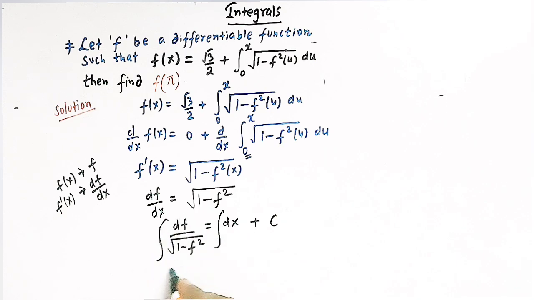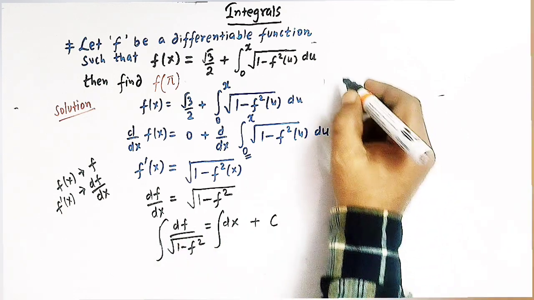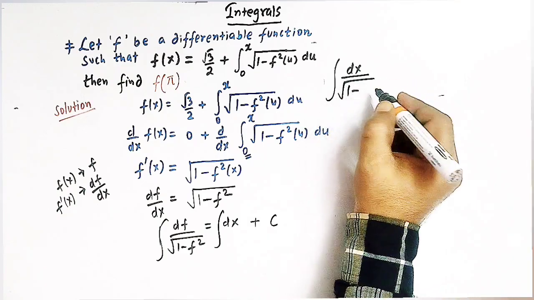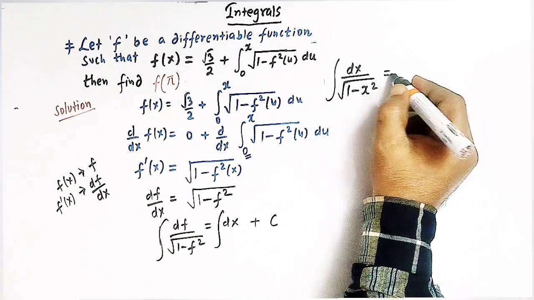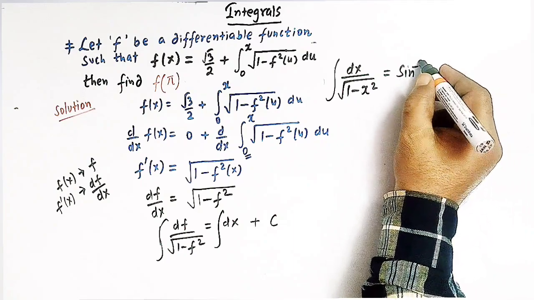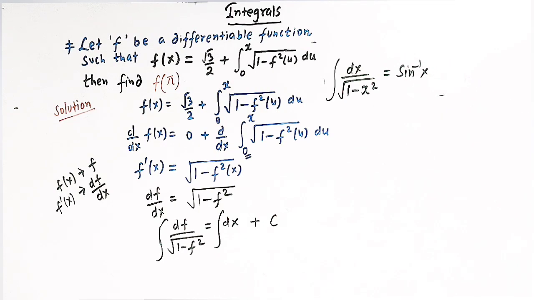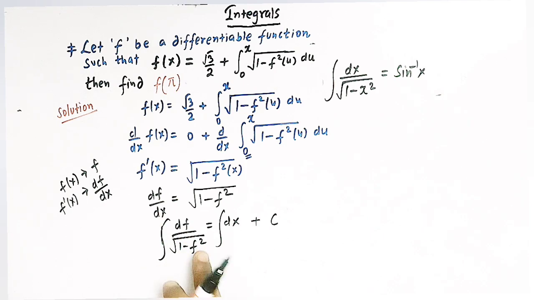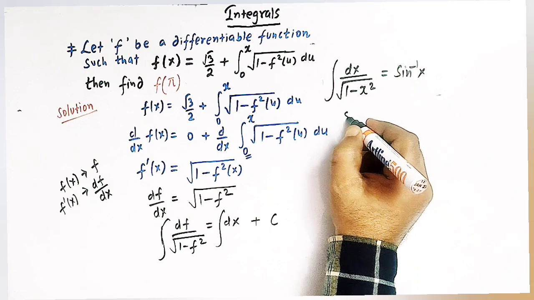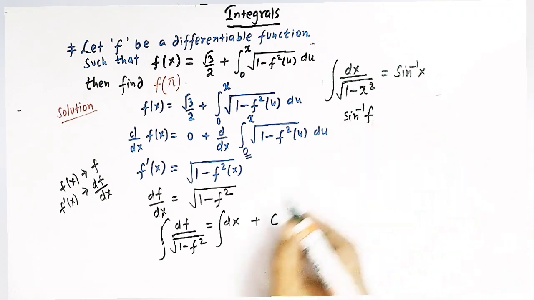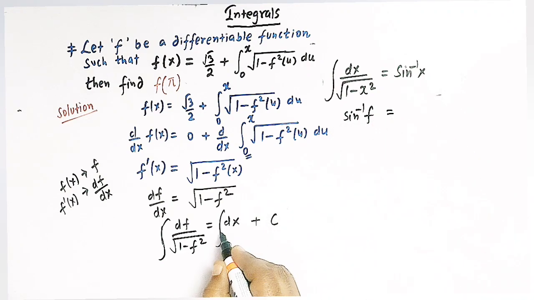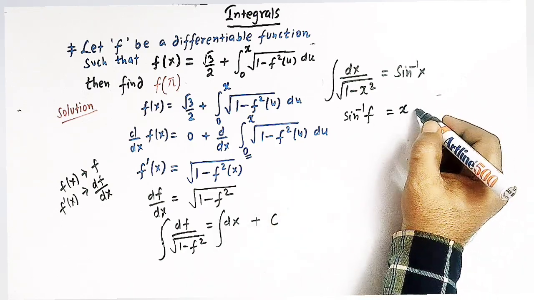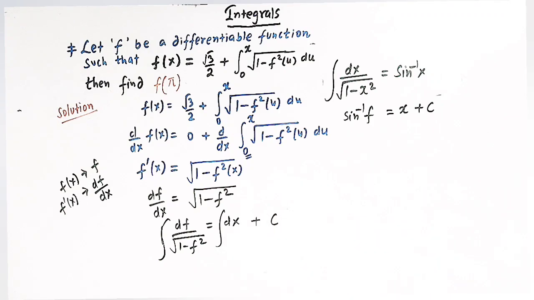Now this is a well-known integral, because we know that integral dx over square root of 1 minus x square is equal to sine inverse x. So now the integral of df over square root of 1 minus f square is simply sine inverse of f, right? And in the right hand side we have simply x, the integral of dx is x, and c is the constant of integration, right?